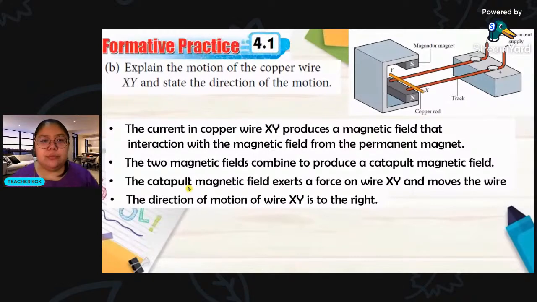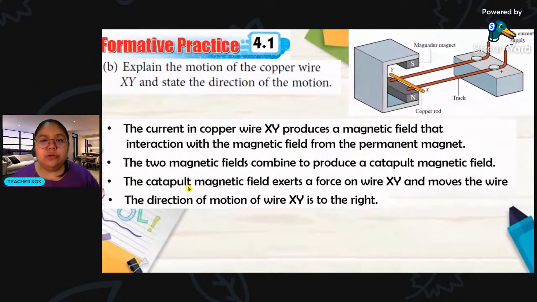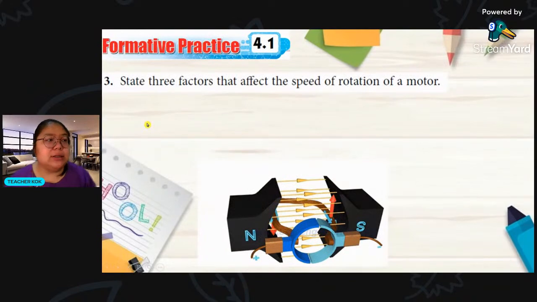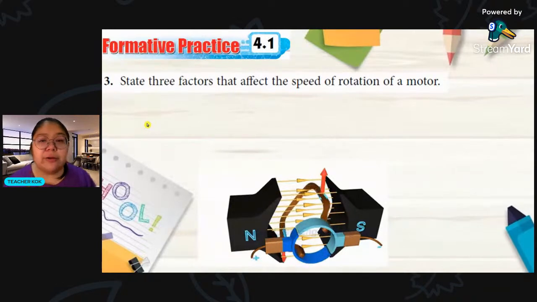Excuse me. Okay, then we go to number 3. State the 3 factors that will affect the speed of rotation. Okay, 3 factors. Just now I told you how to make the rotation become faster, and there are only three. First one is the current.